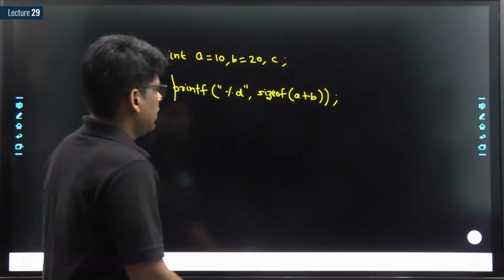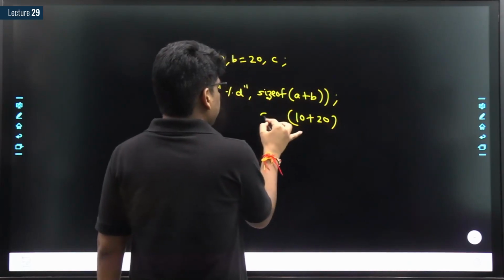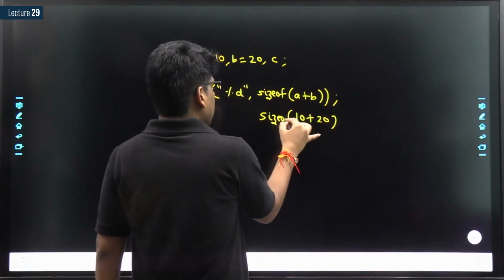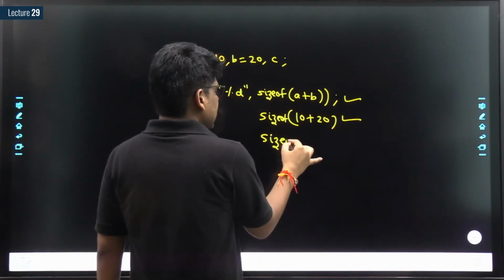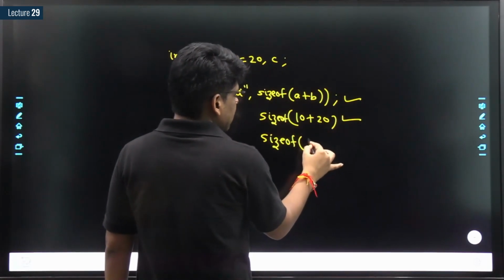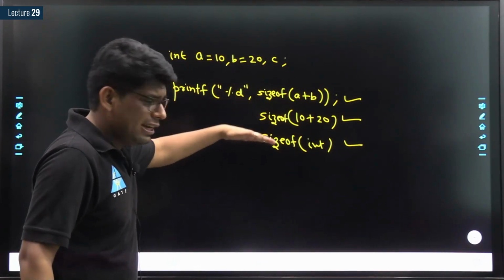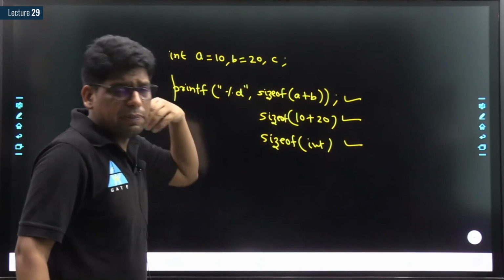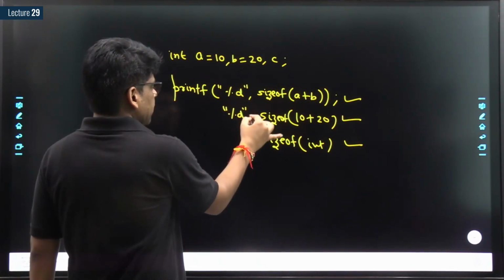Actually, you are saying sizeof 10 plus 20. If this is okay, this must be okay. That means you are saying sizeof int and int, that is int. Sir, is this okay? Yes, of course it is okay. That means every statement written over here is perfectly okay.